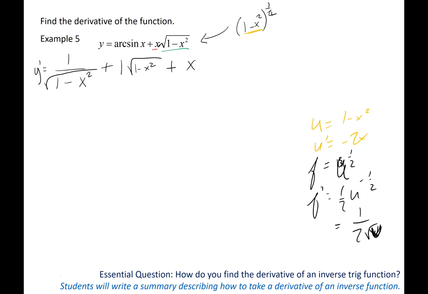All right, so now we're going to write that official derivative, but I'm going to write it up here. So derivative of my inside, which is negative 2x, times the derivative of my outside, which is 1 over 2 square root of the u.